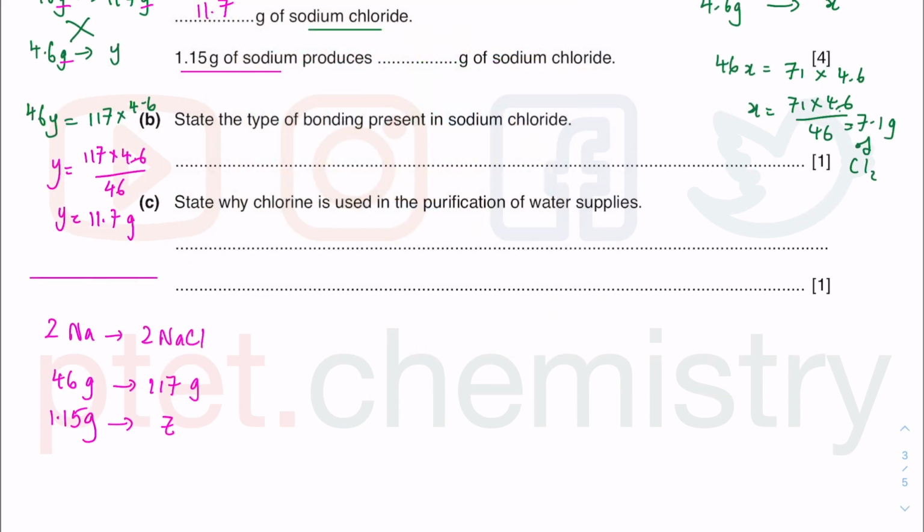Cross multiply. 46Z equals 117 times 1.15. So Z equals that divided by 46, and I get 2.925 gram of that sodium chloride. So hopefully that makes sense there.